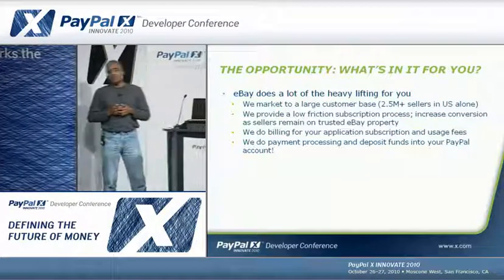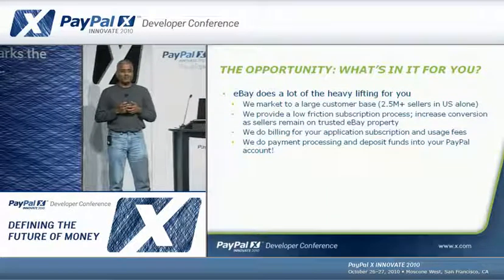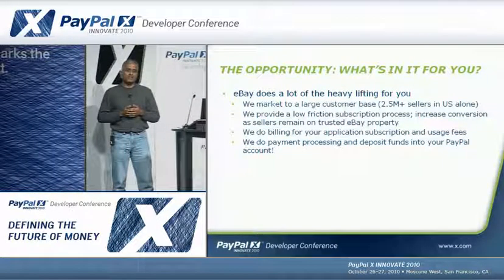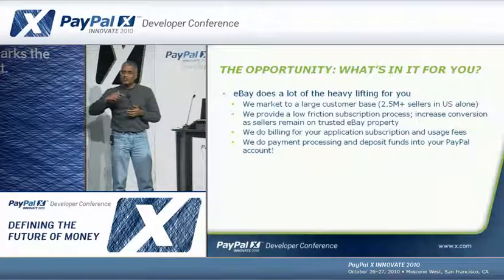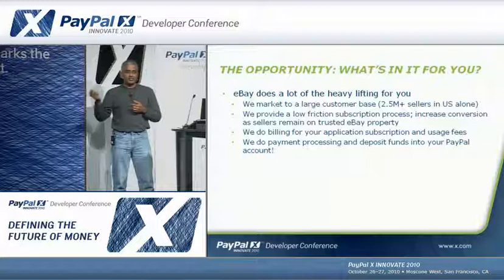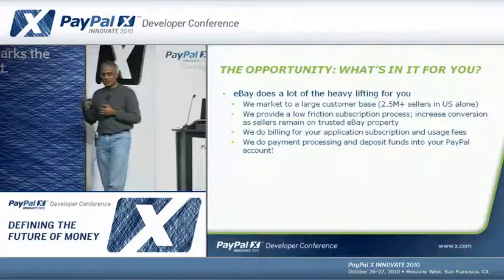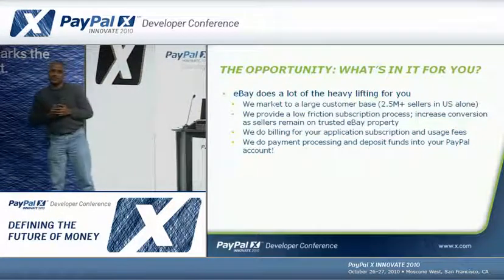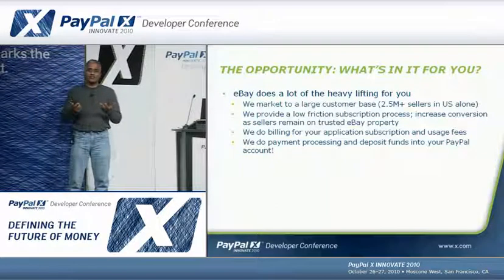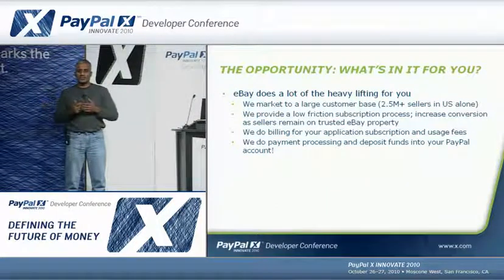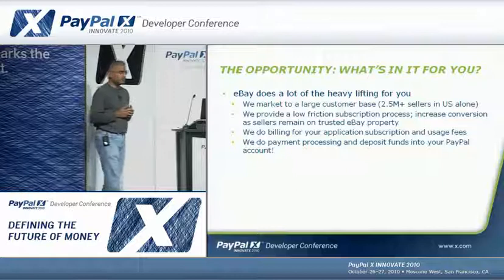We provide a subscription process that is drop dead simple. If a seller is interested in trying an app, with 2 to 3 clicks, they have a new app subscription, right? And during that process, we also exchange the information. We talked about the identity protocol as one of the 3 integration points. We pass you sufficient information about the seller so that you can provision your application appropriately.